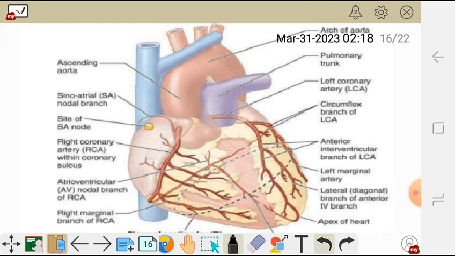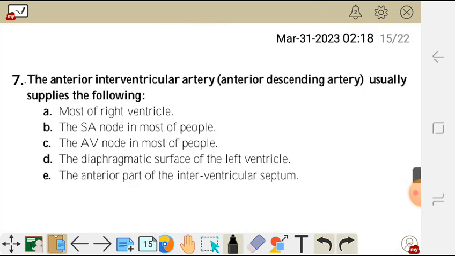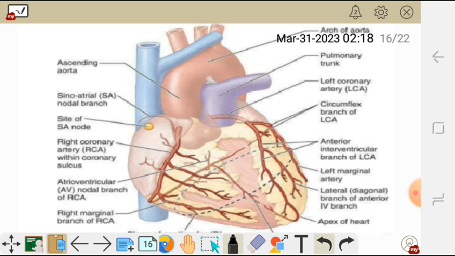Okay, so let's view it from this diagram here. The anterior interventricular artery, it is this artery here. This is the branch of the left coronary artery. It runs in the anterior interventricular groove.